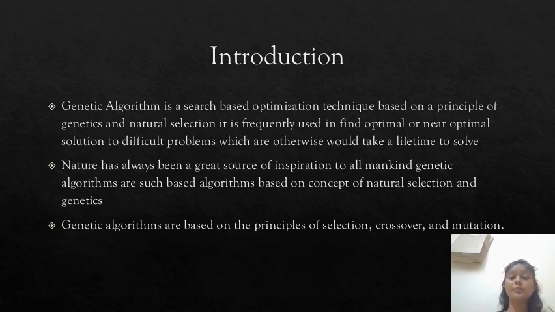In the same way, we can use it and we can solve major problems. We can easily find the optimal or nearly optimal solutions by using these genetic algorithms. Otherwise, it would take a really long time. We can take this as an inspiration, and it relates to the concept of natural selection and genetics. The foundation principles involved in genetic algorithms are selection, crossover, and mutation.